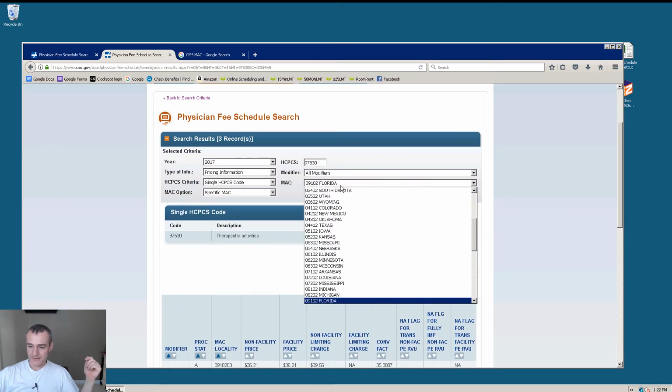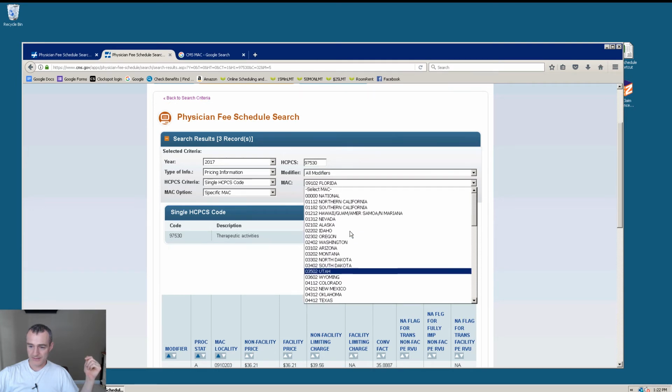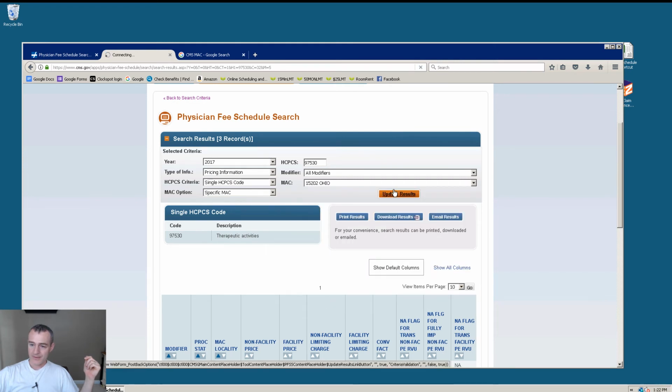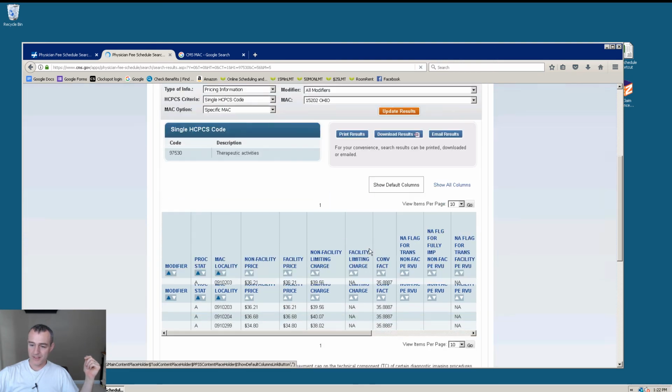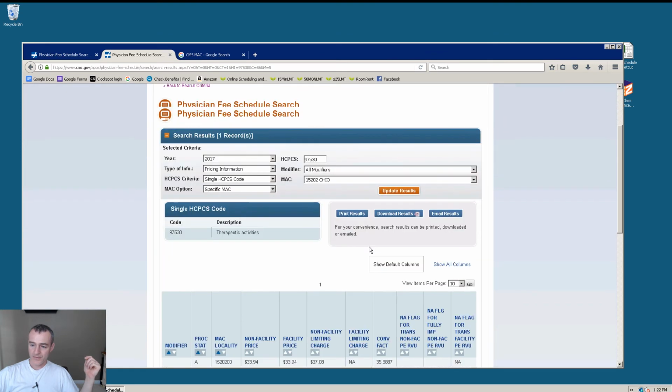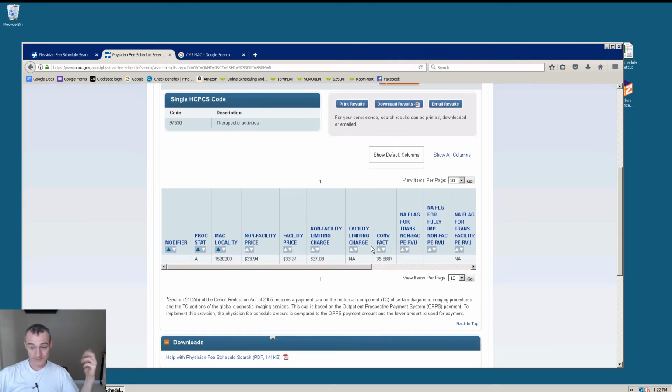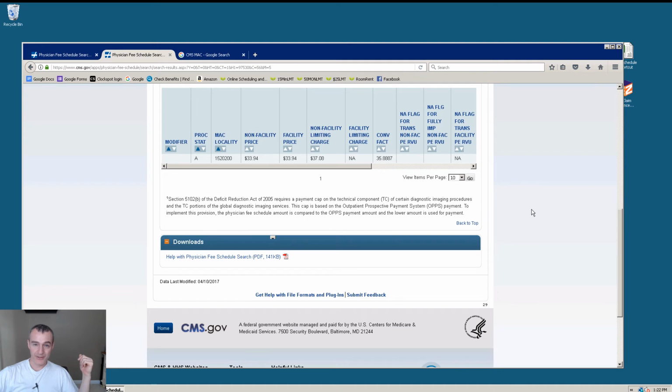Last one, let's jump to, so Florida was my home state, but I currently reside in Ohio. And so if I jump to Ohio, the price changes from 36 back down to 33. Thank you very much, Ohio.